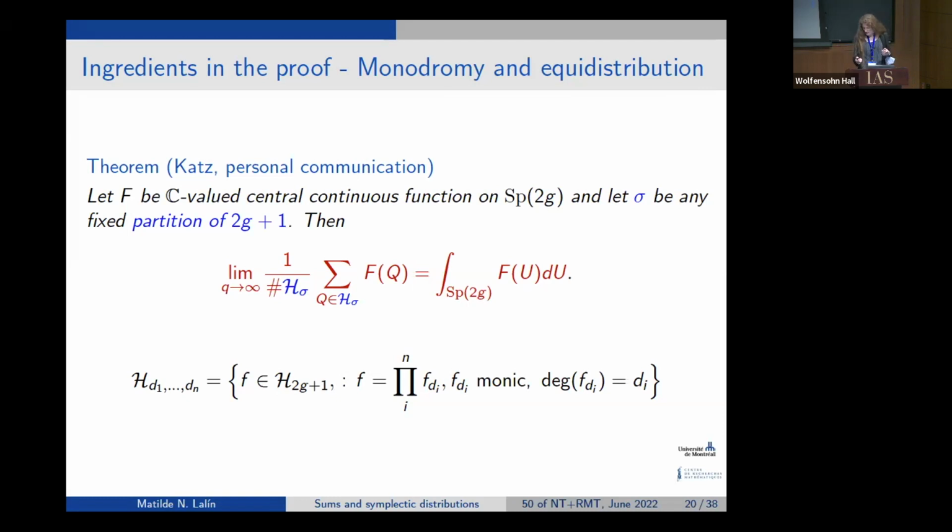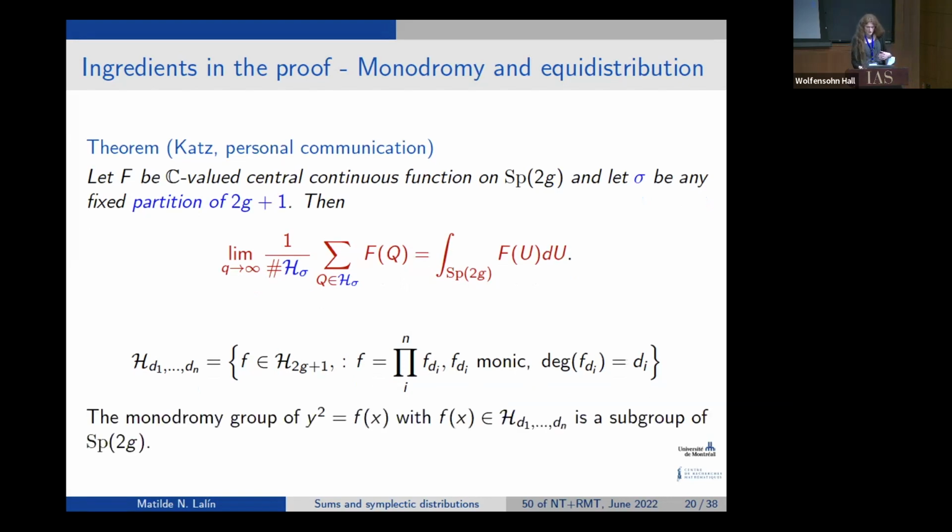And so the idea is that there is, in fact, a result like that for fixing a certain partition. I'm not really an expert on this, so let me just say more or less the idea, but I apologize if I say something wrong. The monodromy group of y squared equals f, with f in this set, is a subgroup of the symplectic group.